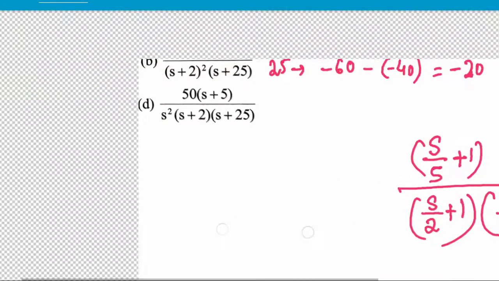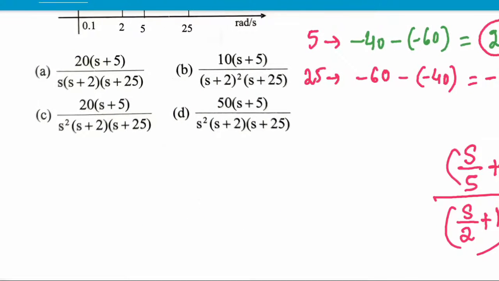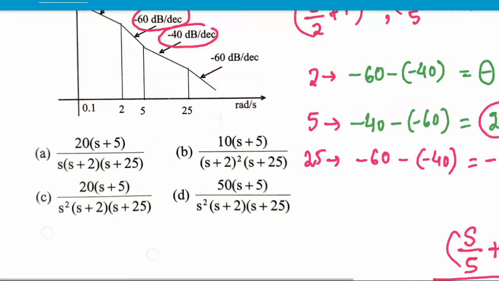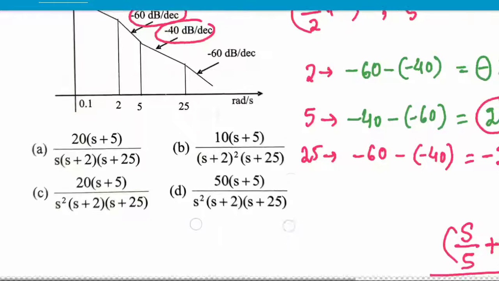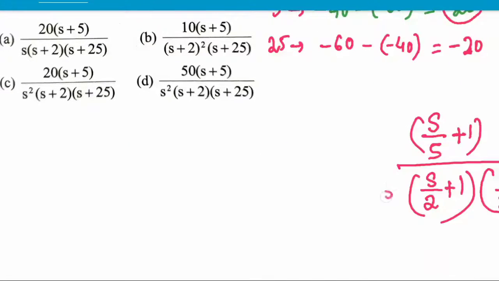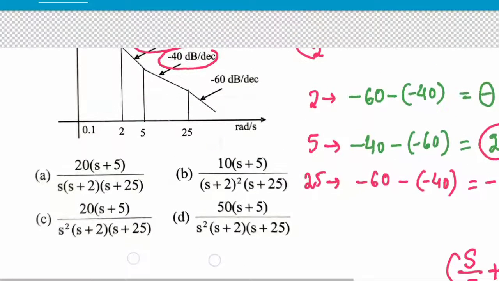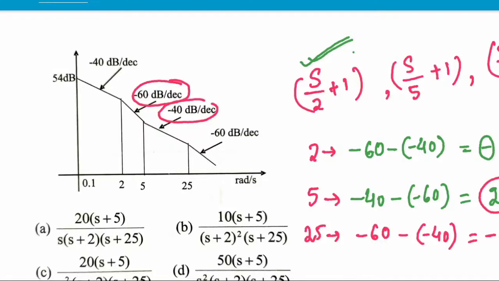Next is the s minus 0 term, that is, suppose there is s to the power n. What is the value of n? We have to find it. For this, first find the initial slope.